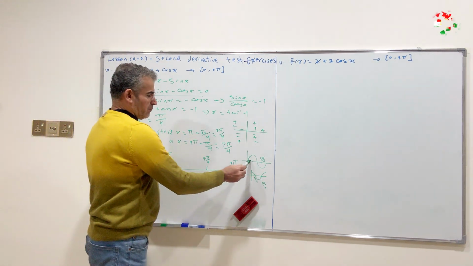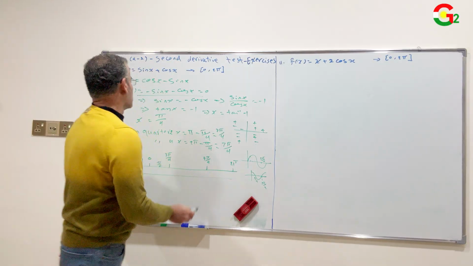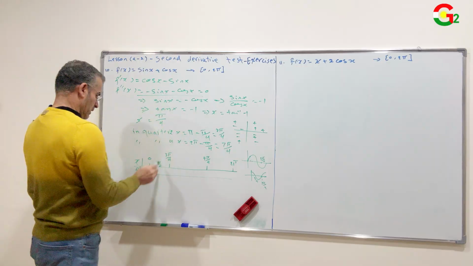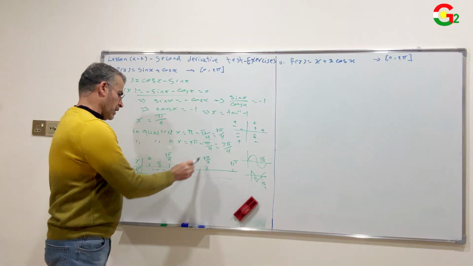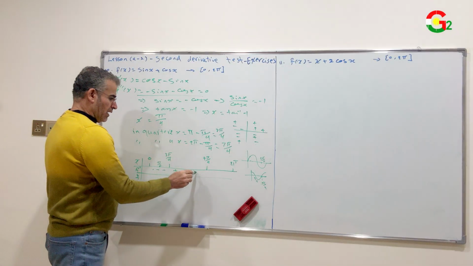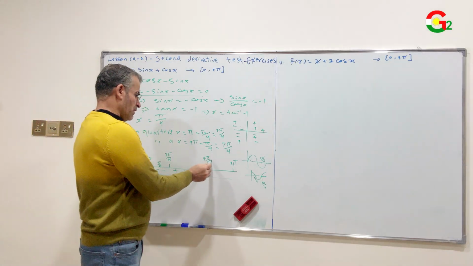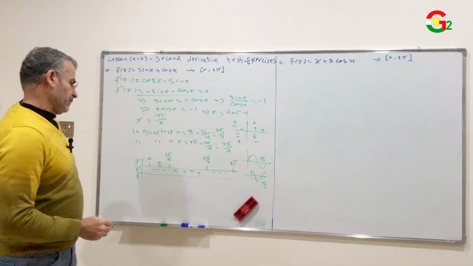The value of sine pi over 4 is positive. Also, the cosine is positive, and therefore negative minus positive will be negative. Between 3 pi over 4 and 7 pi over 4, the sign of the second derivative is positive, and between 7 pi over 4 and 2 pi, the sign will be negative.